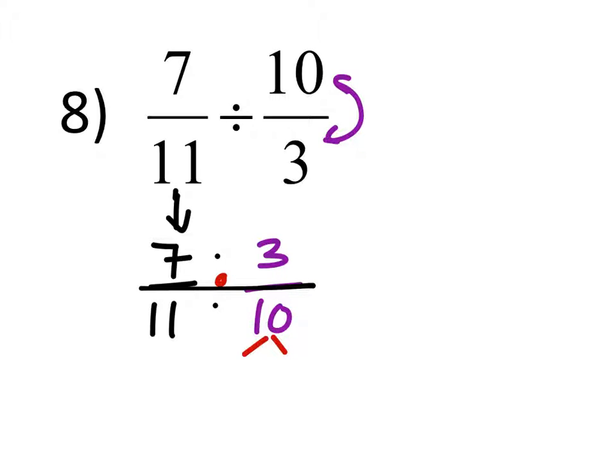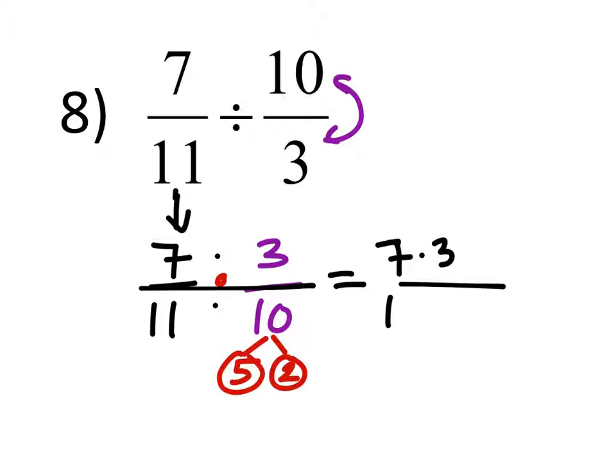But 10 can be split up into 5 and 2. The only reason I'm doing this is to show that there are no common factors to cancel out. So on the top I've got 7 times 3, over 11 times 5 times 2. See, there's nothing common here that we can cancel out.